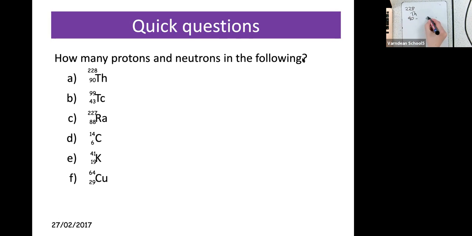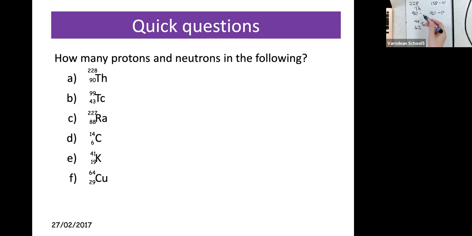So this has 90 protons. How many neutrons? It is this number here at the top, take away the number underneath. So this has 138 neutrons. Okay, if I was to take the next one down, it was 99 and 43.